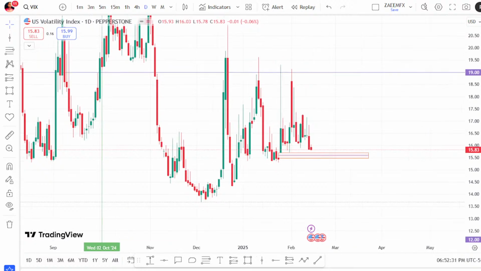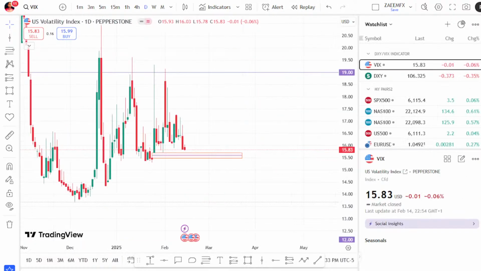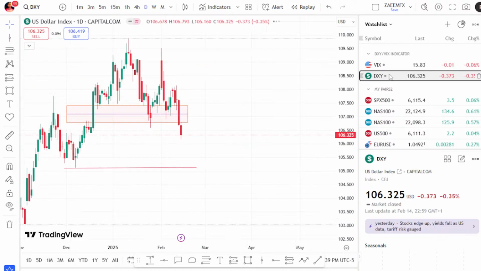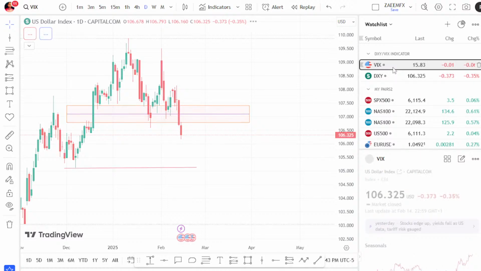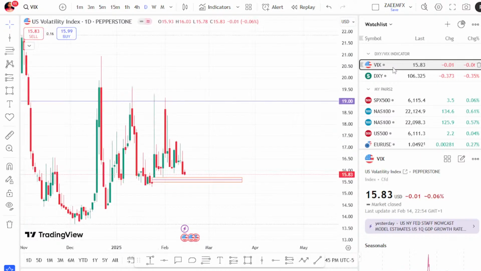So one thing again is if you are using DXY and you can see DXY is going down, so it means both of them are going down in this case. What if you have DXY going down but this one is going up? Are you certain that the Nasdaq will go down?